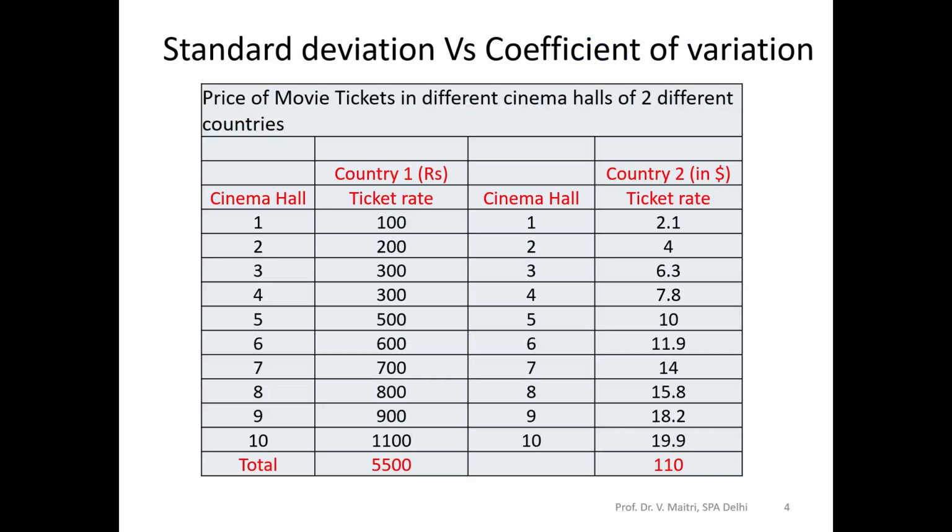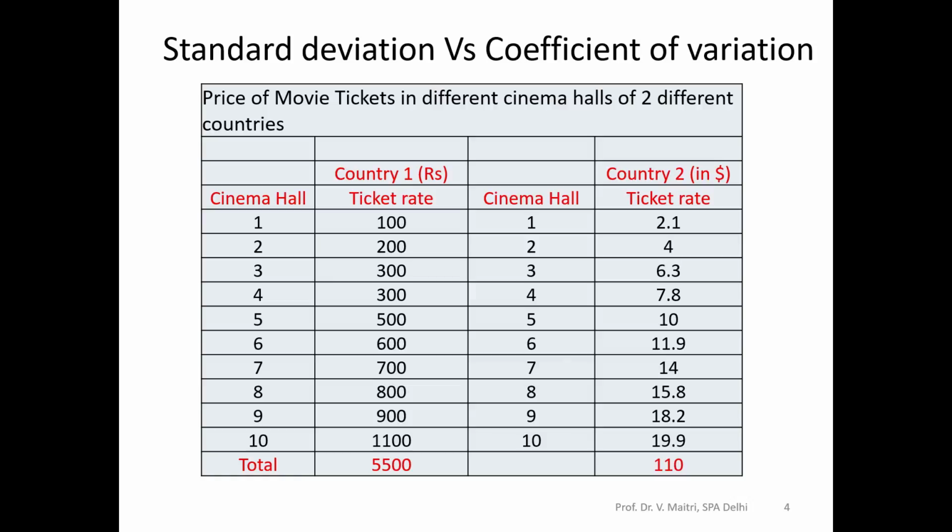standard deviation versus coefficient of variation. This example will clarify the difference between the two and why we should opt for the coefficient of variation whenever we want to compare two sets of data. The prices of movie tickets in different cinema halls of two different countries are given.